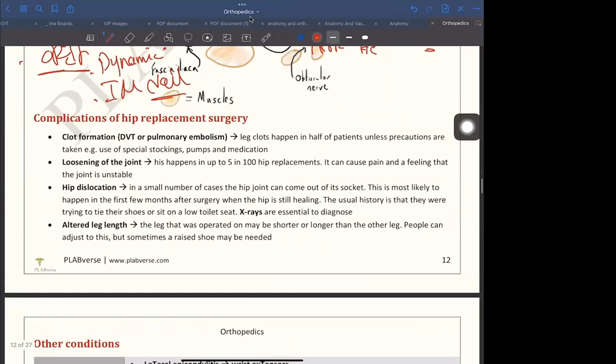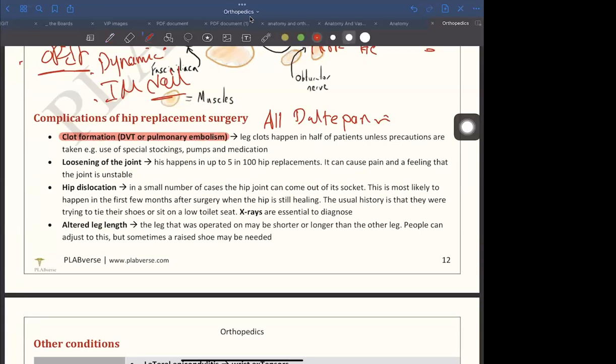So what are the complications of hip replacement surgery? Any patient with a hip replacement is at higher risk of having a blood clot, DVT. This is why all the patients need to be on dalteparin, which is an anticoagulant medication, to prevent that.